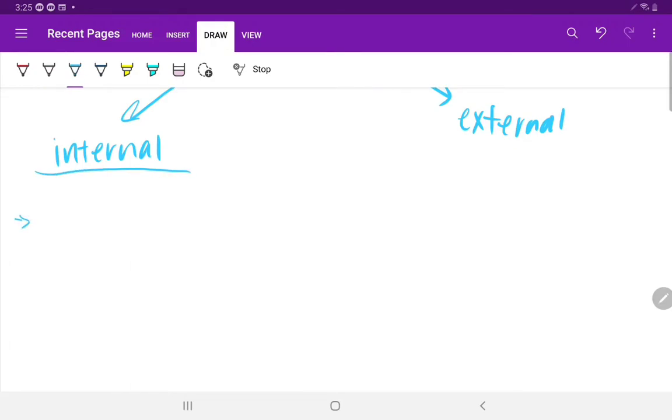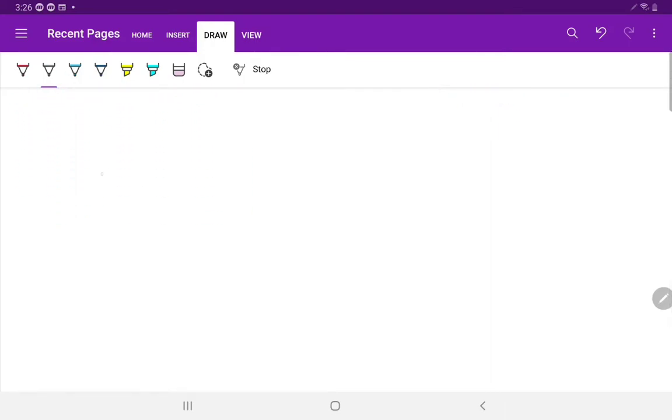The names of these processes are very self-explanatory, but to give a quick example, internal processes affect Earth structures and rock formations from the inside of the Earth. So the source of these processes is found inside the Earth. One example is volcanic eruptions. Volcanic eruptions affect rock structures and formations on the surface of the Earth, because when volcanoes erupt, they create new rock and can change the surrounding landscape.